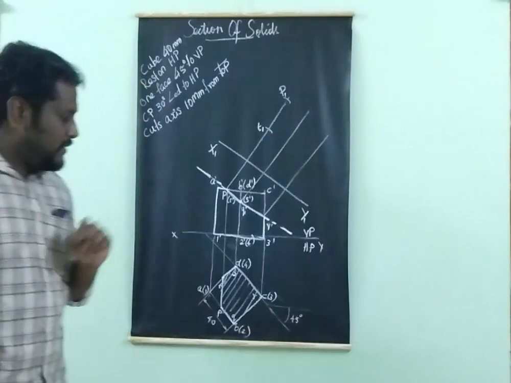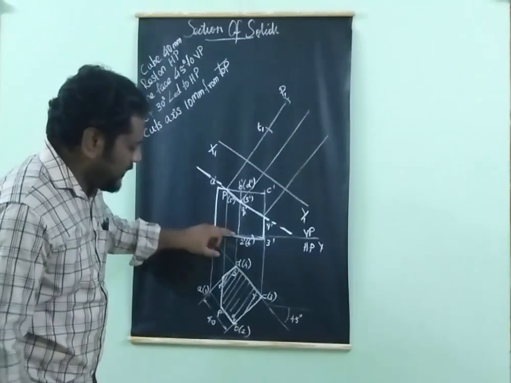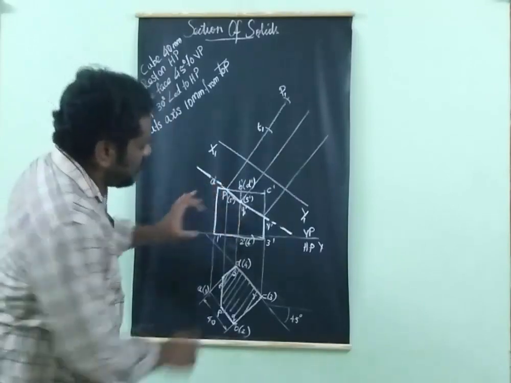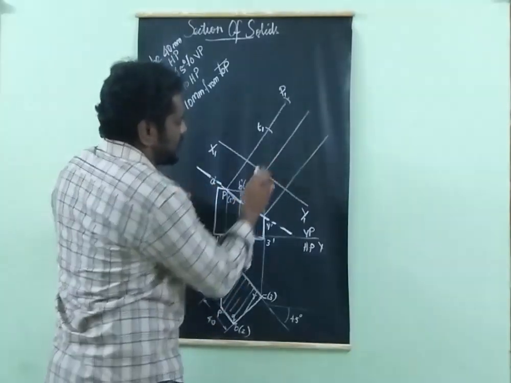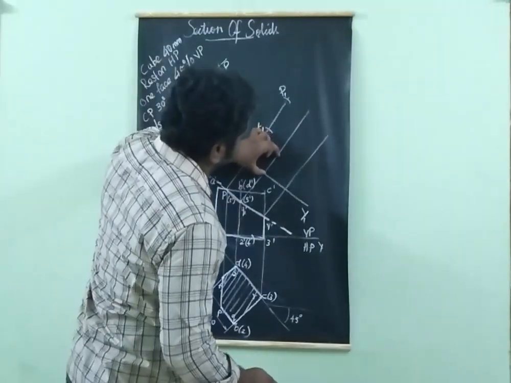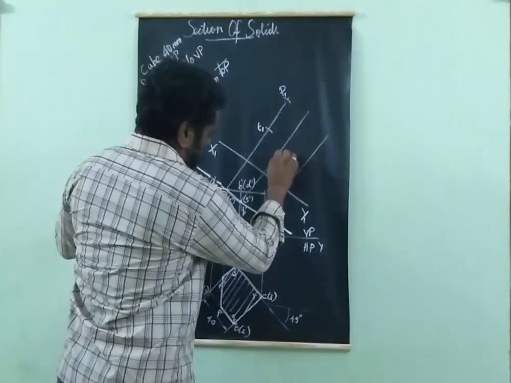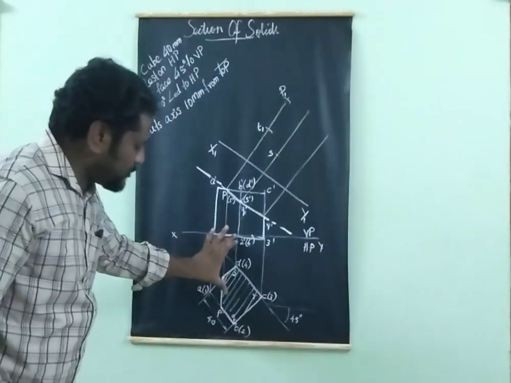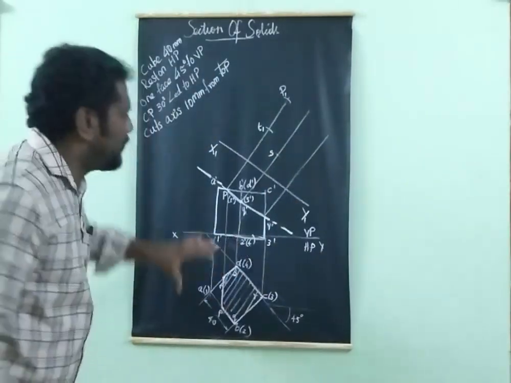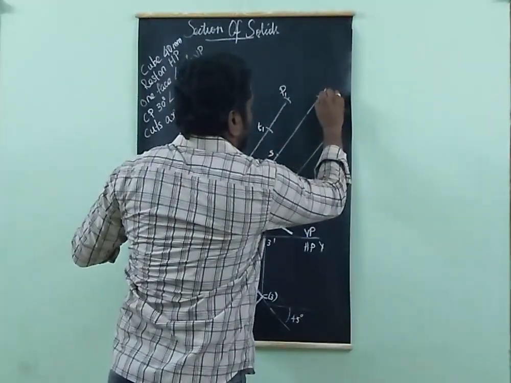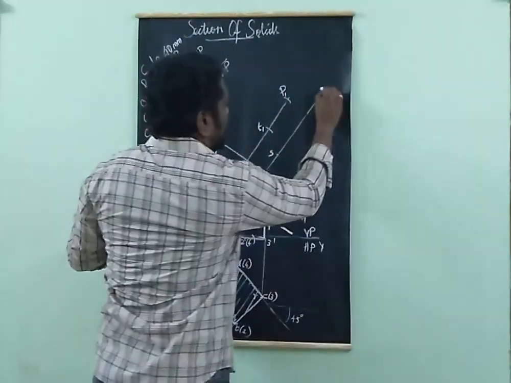T1. Right? Similarly, from the XY line measure the distance to point S, and from the point S projection line, with this measurement cut an arc. This point will be S1. Similarly, from the XY line measure this Q point and transfer that distance here. It will be point Q1.